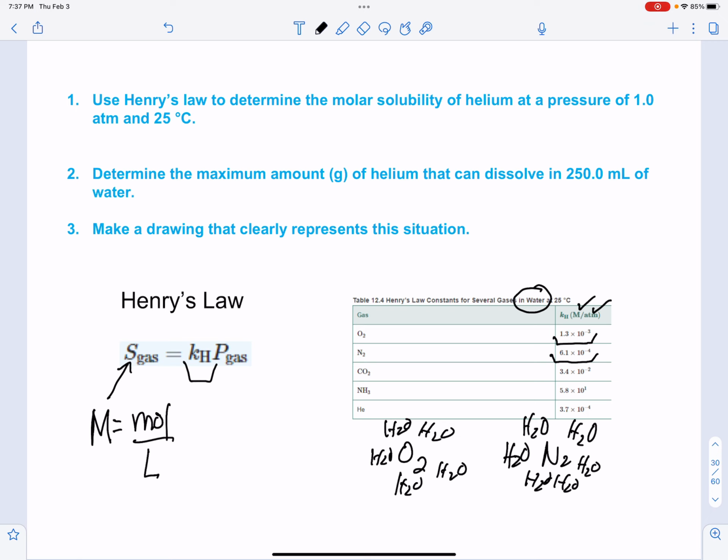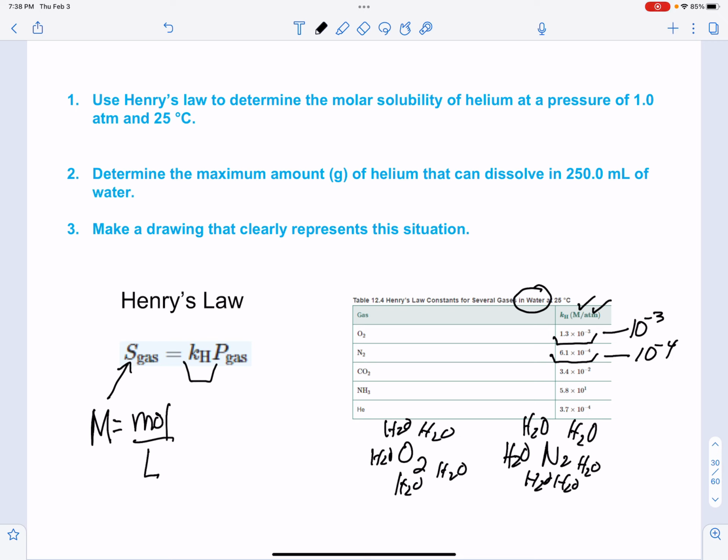So the amount of oxygen in the water is going to be bigger than the amount of nitrogen in the water. And the question could be, why would the oxygen be retained in water better than the nitrogen?